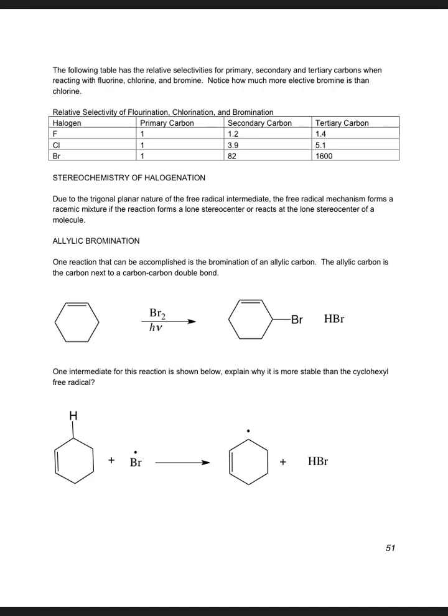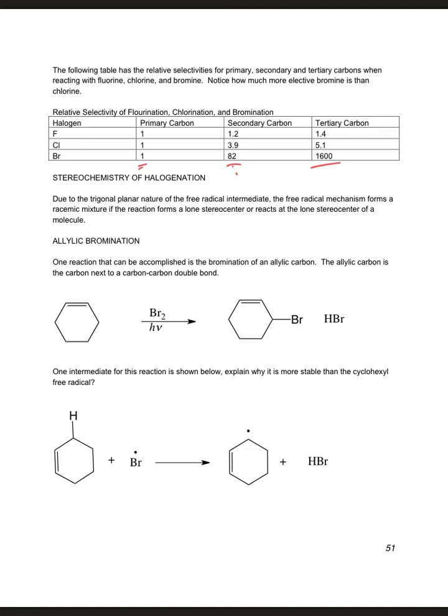And then bromine 1 to 82 to a secondary carbon. So for every 83 compounds, one of them goes on the primary, 82 of them would go on the secondary, and the tertiary one 1600. So it's why it ends up being on the tertiary carbon we just showed with the selectivity it is.